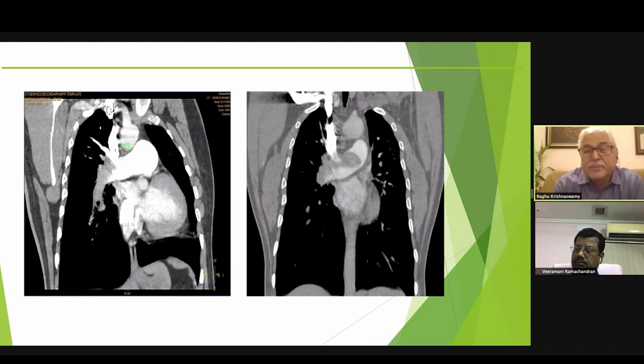So this is an example of how difficult it is when you're not thinking. If you think that something is likely, then you will easily pick it up. But it's not always possible, either in the emergency or in the outpatient setup, to regard every patient who comes with shortness of breath to be likely to be because of pulmonary embolism.